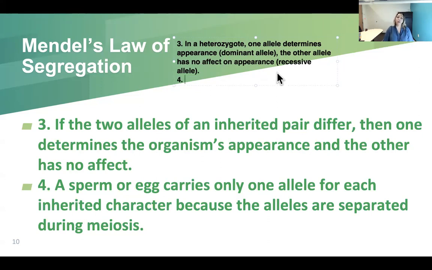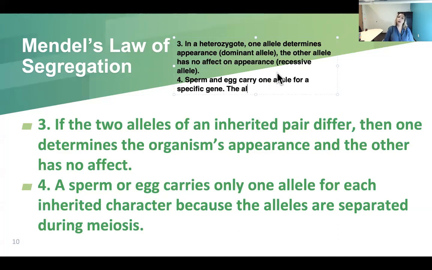So finally, a sperm or egg carries only one allele for each inherited character because they separate during meiosis. Now, Mendel did not come up with the term meiosis. He didn't really know about meiosis, but we know now that this is how this happens. Sperm and egg carry one allele for a specific gene.